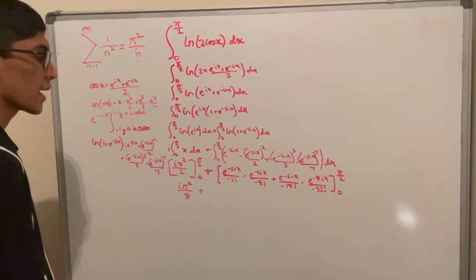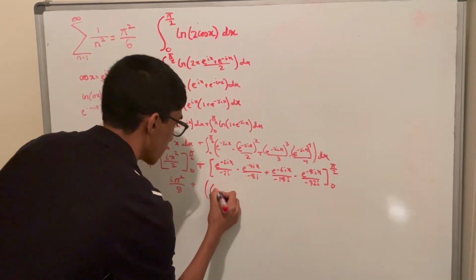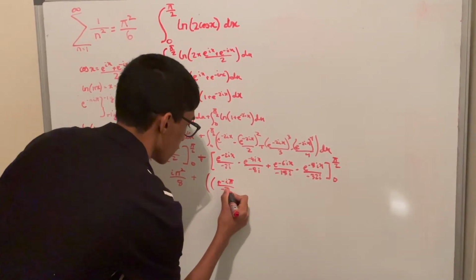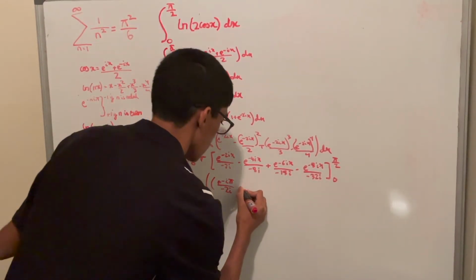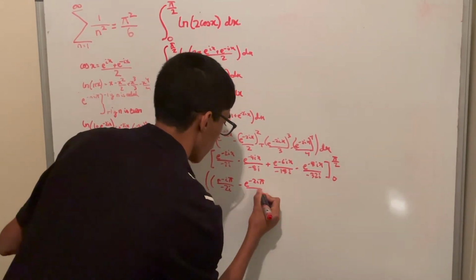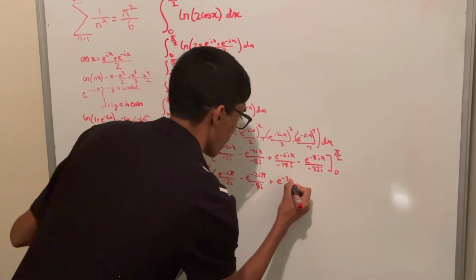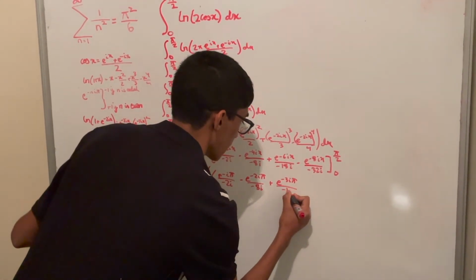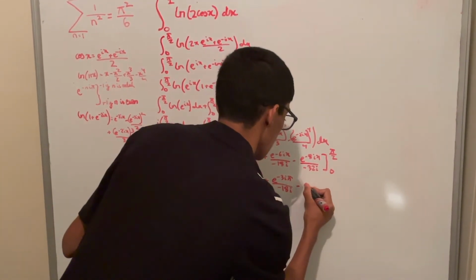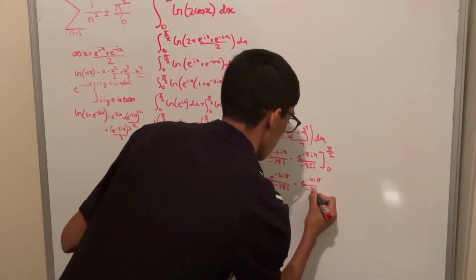So we can replace x with pi by 2, leaving us with e to the power of minus i pi over minus 2i minus e to the power minus 2i pi over minus 8i plus e to the power minus 3i pi over minus 18i minus e to the power minus 4i pi over minus 32i.